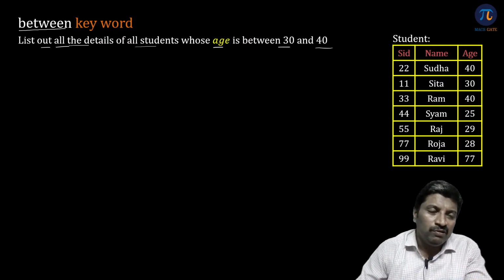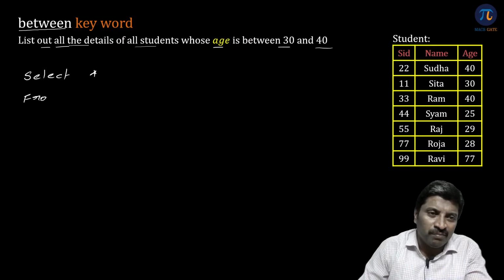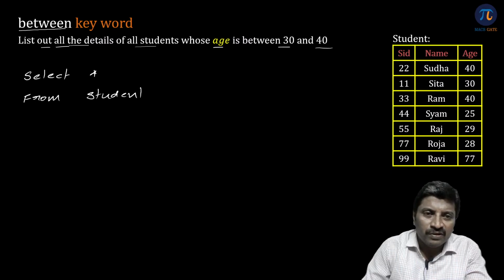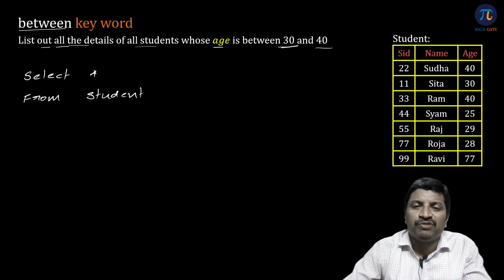If I don't want to use BETWEEN, select star from student. Sir, what is the meaning of 30 to 40, sir? It must be greater than or equal to 30.